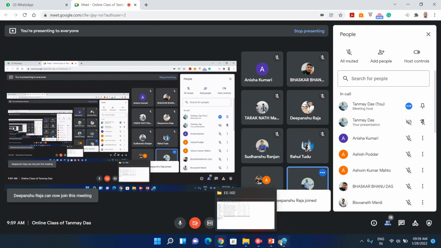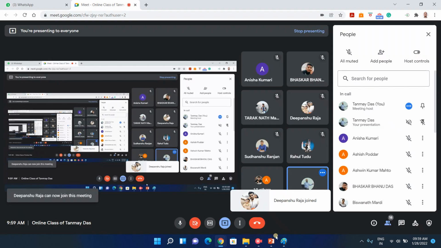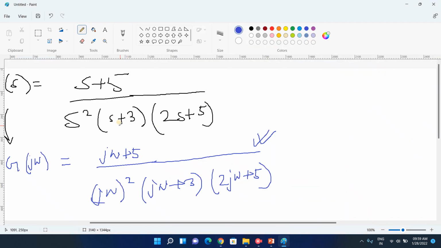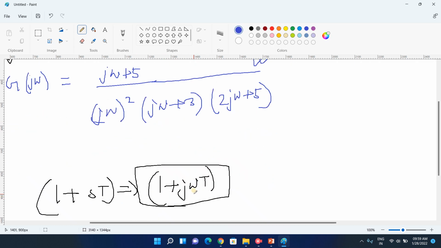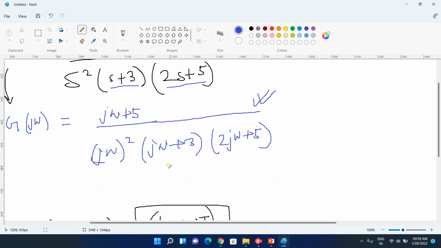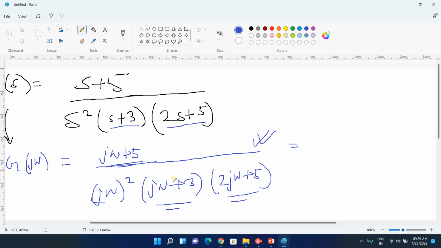If you see carefully, this particular step is after the frequency domain. Over here you can see these three terms are not in the form of 1 plus j omega T. So what you have to do, you have to take 5 common from the numerator.